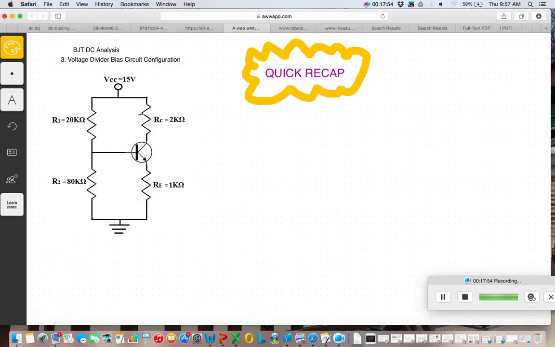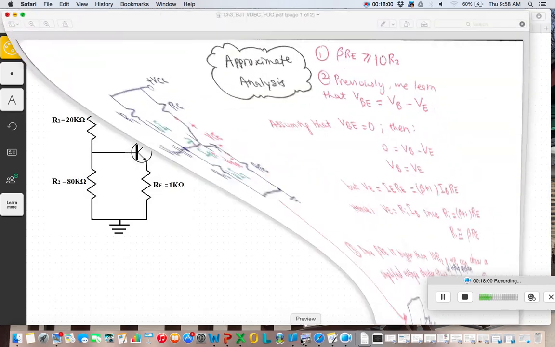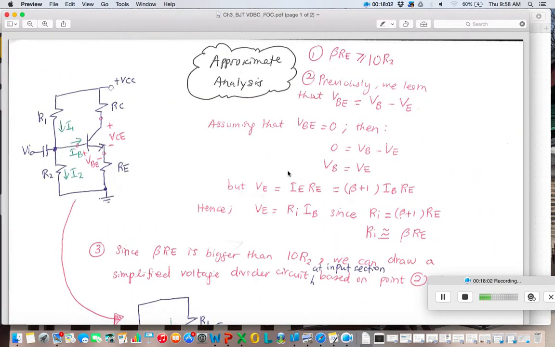In order to solve the voltage divider bias circuit, there is a rule of thumb that you need to memorize or understand. In order to solve VDB, there are two methods that can be employed.